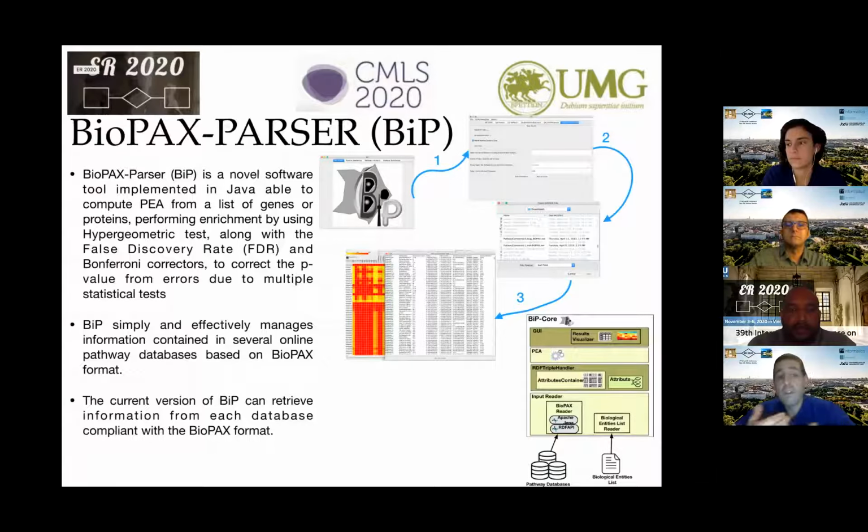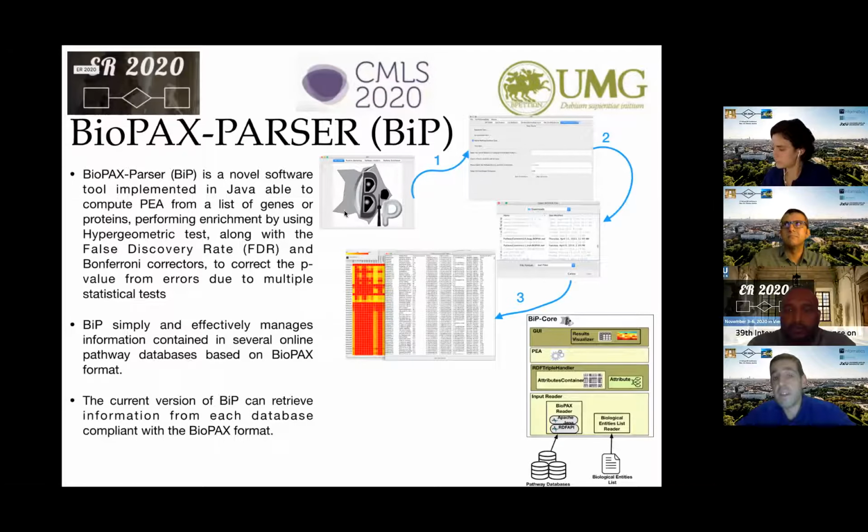BiP is very simple to use and can help users extract information from each database coded in BioPAX. At the moment, the current version of BiP can retrieve information from each database compliant with BioPAX format.